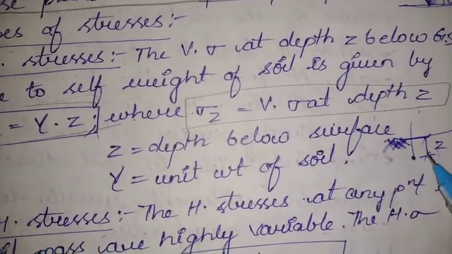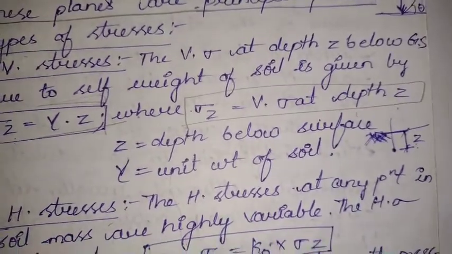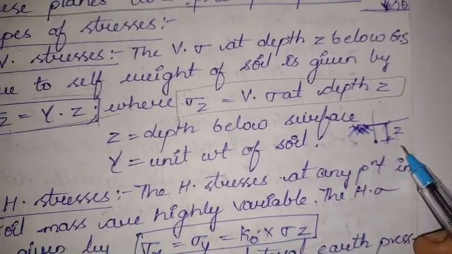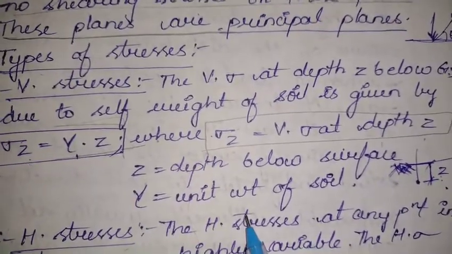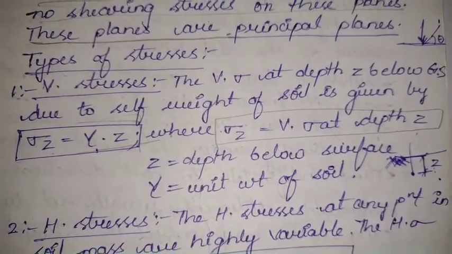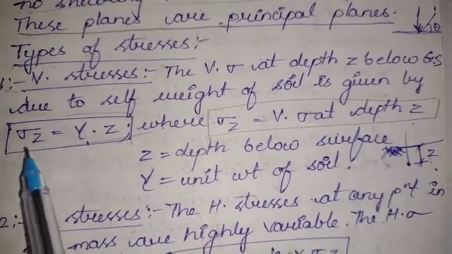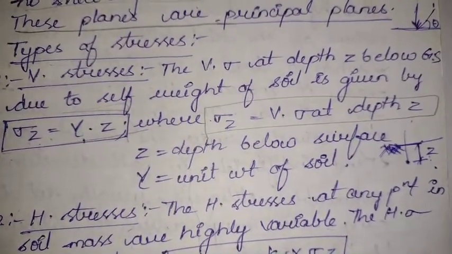So from this, whatever the depth at which we are evaluating the stress is Z. And we also have gamma. Gamma is nothing but the unit weight of soil. Simply, sigma Z is equal to gamma into Z.